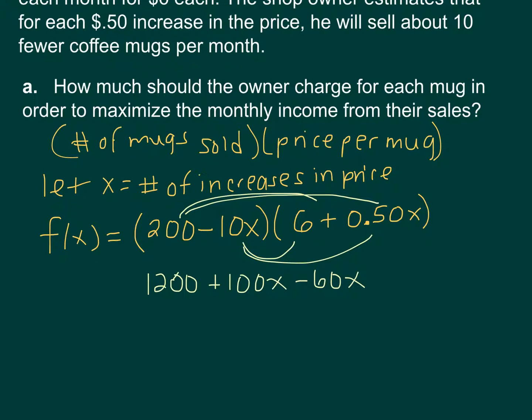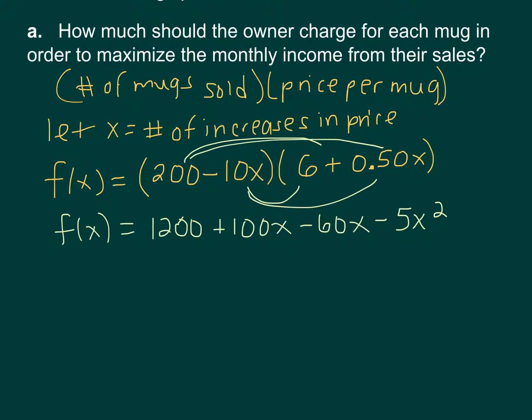And negative 10x times 0.5x is negative 5x squared. And we're going to rewrite this in descending order and combine like terms. So our final equation is f of x equals negative 5x squared, 100x minus 60x is positive 40x, plus 1,200.